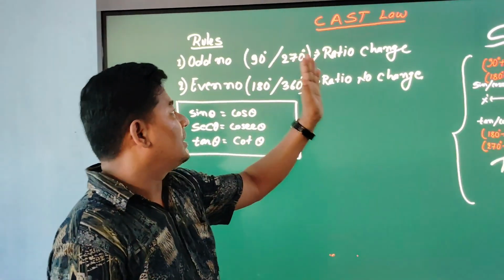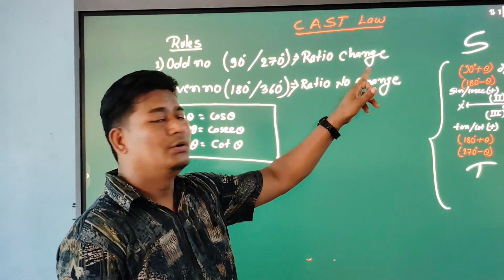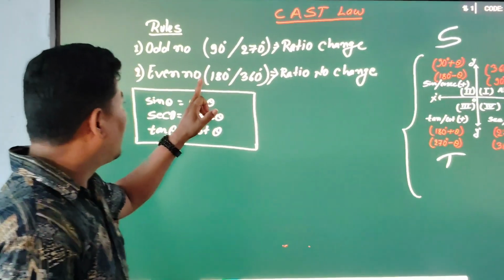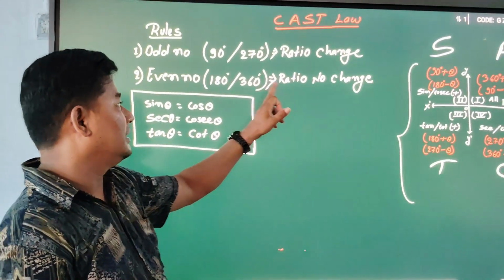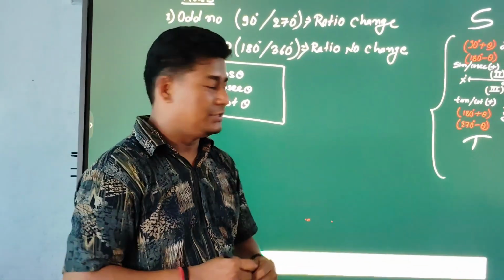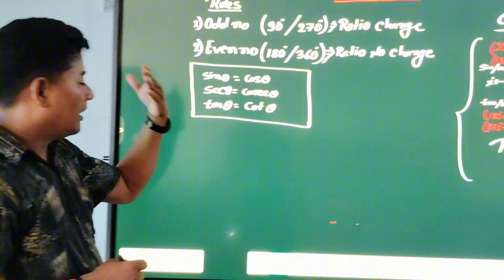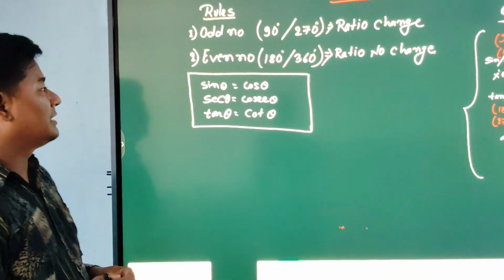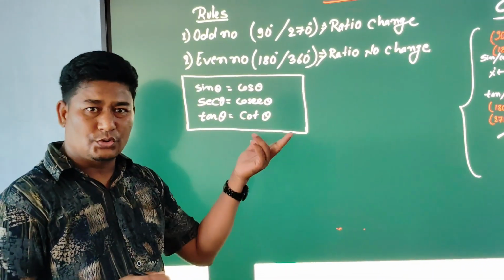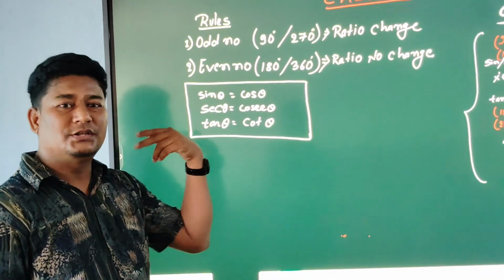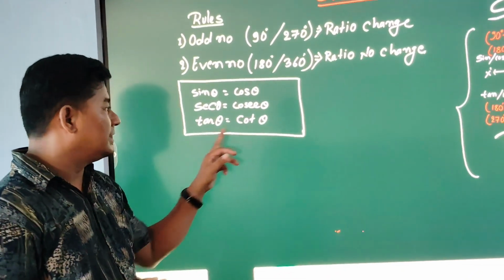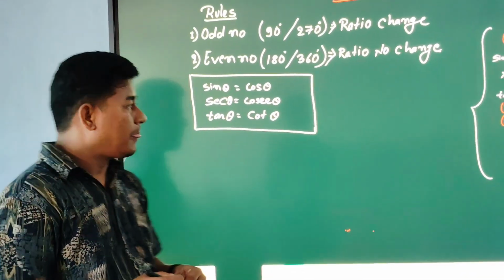In 90 and 270 degree, the ratio changes, but with 180 degree and 360 degree, the ratio does not change. And when the trigonometric ratios change, sine changes into cos, sec changes into cosec, and tan changes into cot.